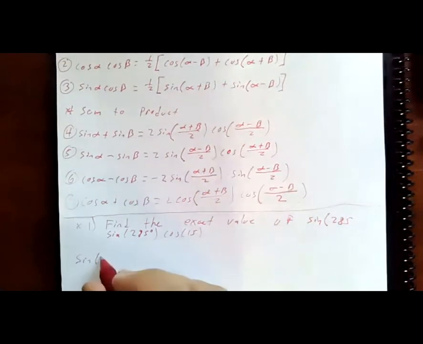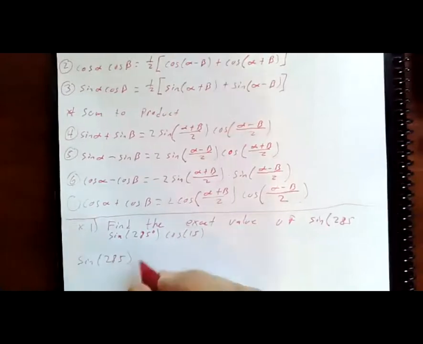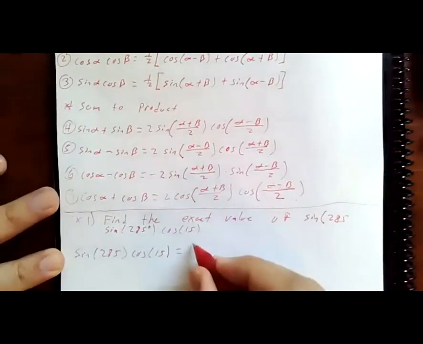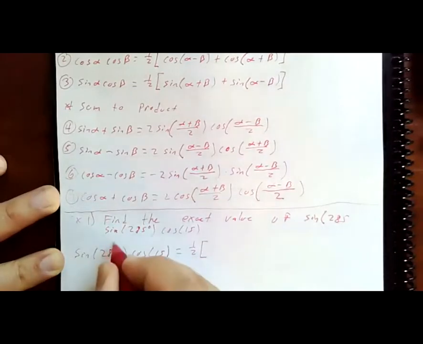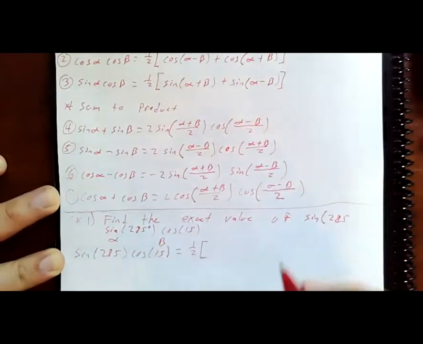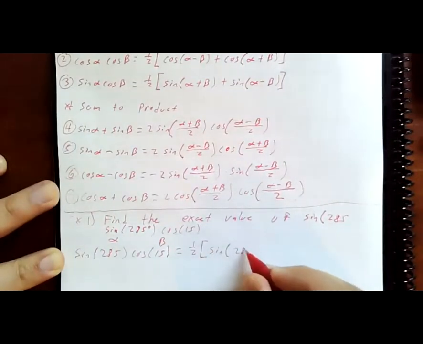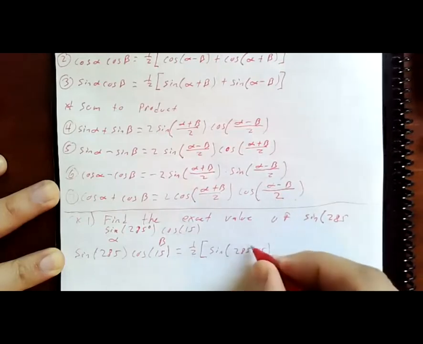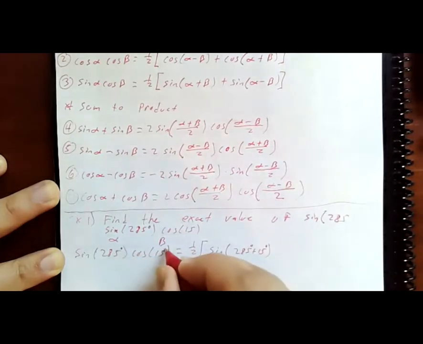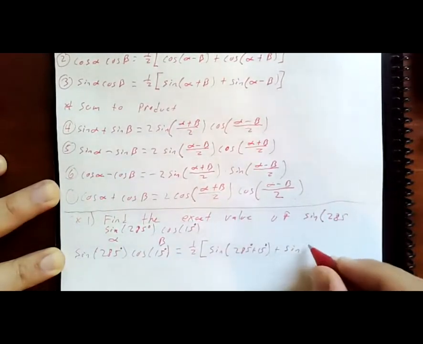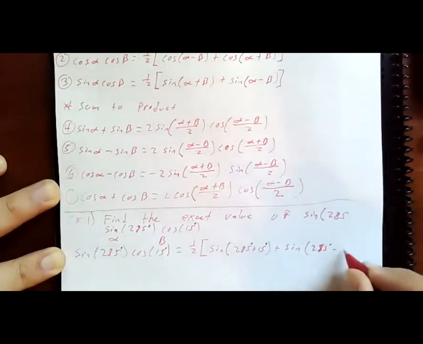So sine of 285 cosine of 15 is equal to 1/2 times, so this will be my alpha, this will be my beta, sine of 285 plus 15. These are all degrees. Plus sine of 285 degrees minus 15.